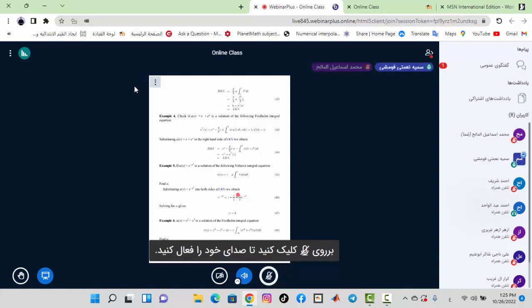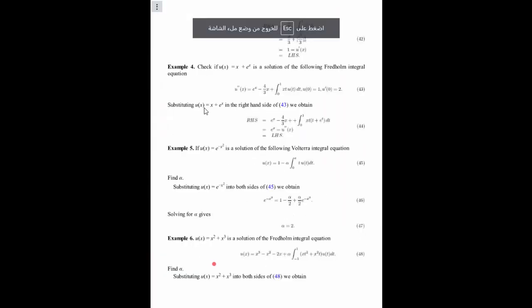We have started to consider example 6, and we wanted to find with which alpha this u will be a solution of this integral equation.